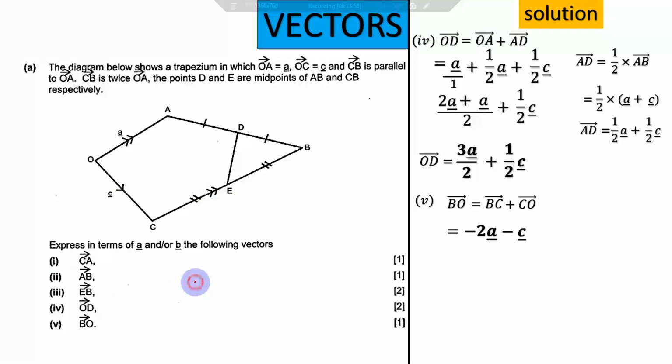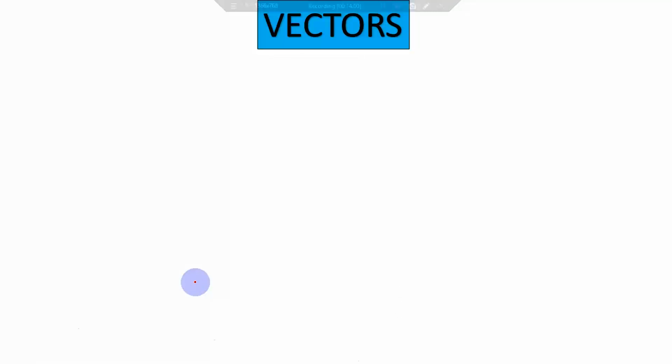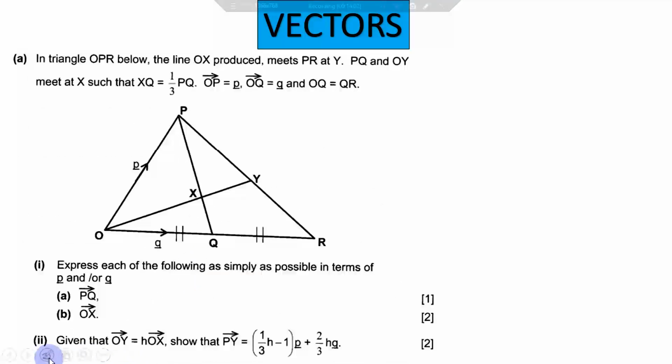Okay, let us go to the next question. Let us practice on this question, which is a bit more complex than the one that we had. They're saying in a triangle OPR below, the line OX produced meets PR at Y. PQ and OY meet at X, such that XQ is equal to 1 over 3 of PQ.